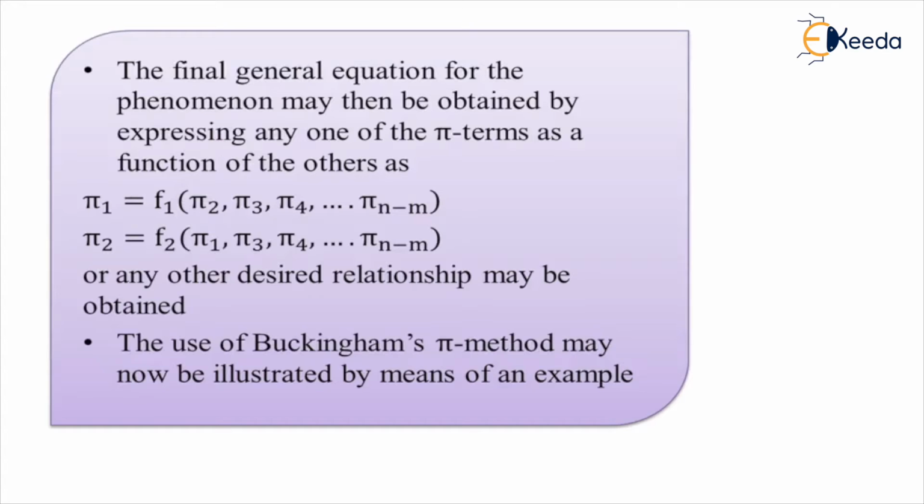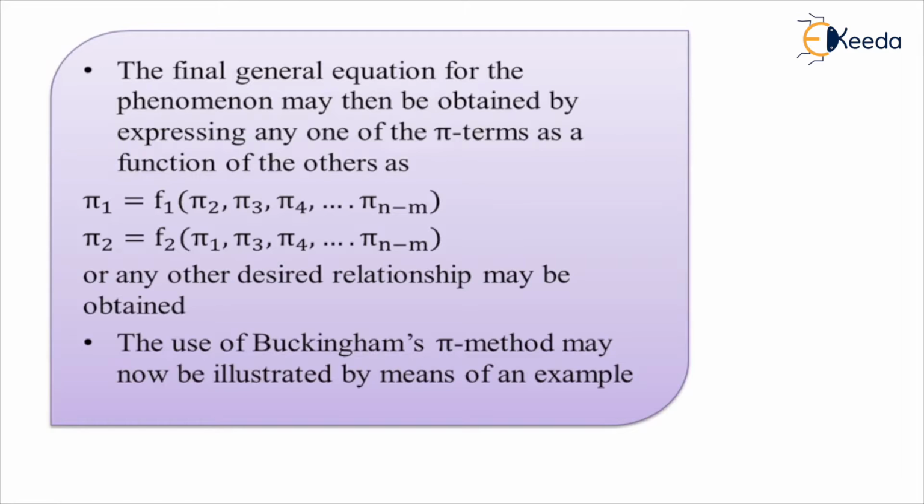Here, the final general equation for the phenomenon may then be obtained by expressing any one of the pi terms as a function of the others, which are as pi 1 is equal to a function of pi 2, pi 3, pi 4, ..., pi n minus m.